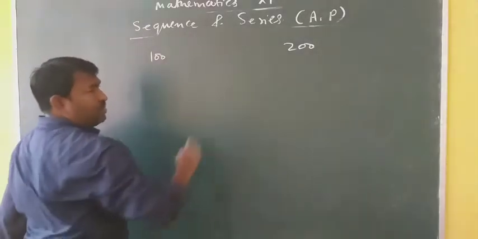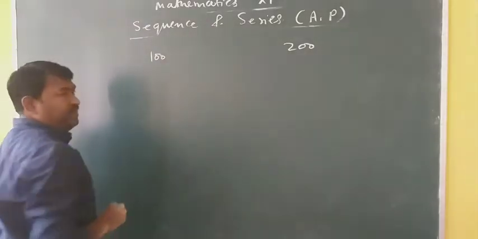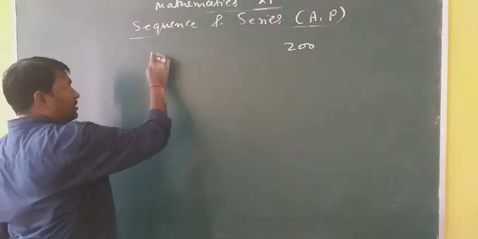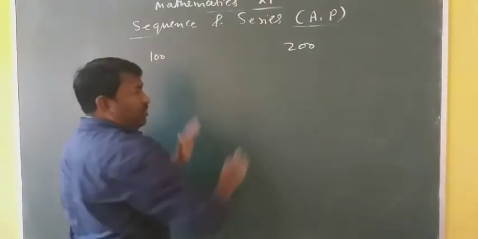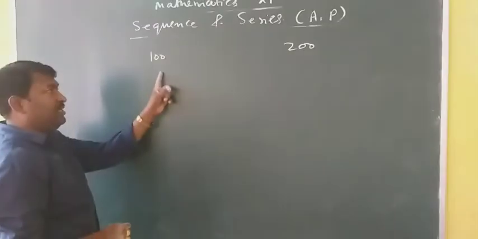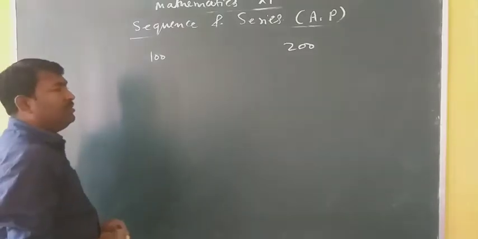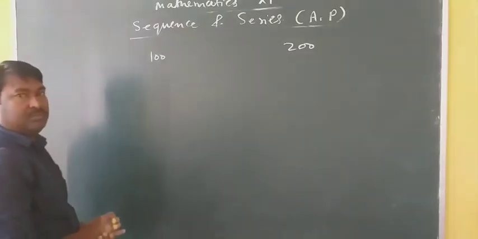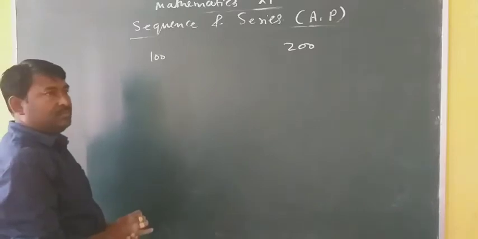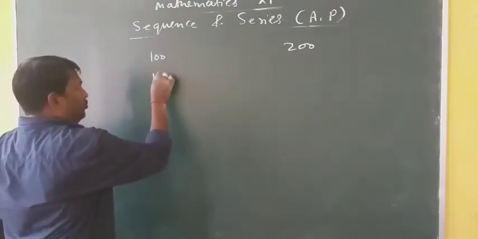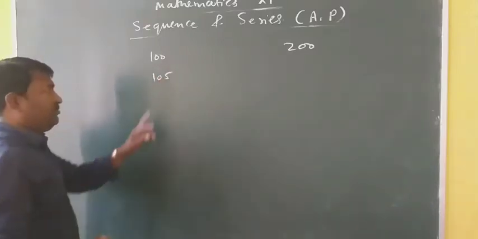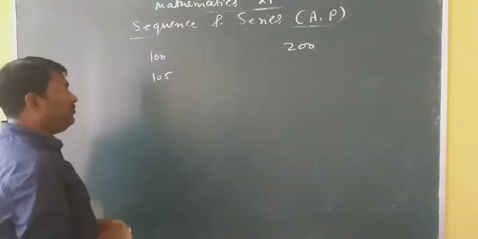So, is 100 divisible by 7? No. Then find which first number between 100 and 200 is divisible by 7. See, 105. Is it divisible? Of course.